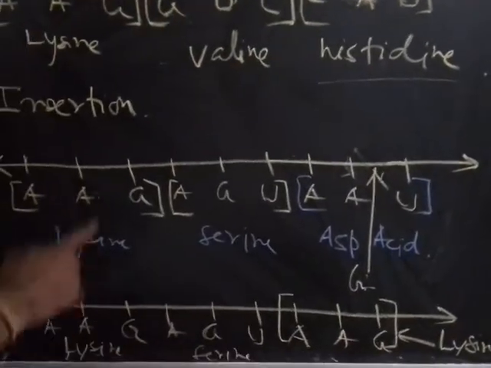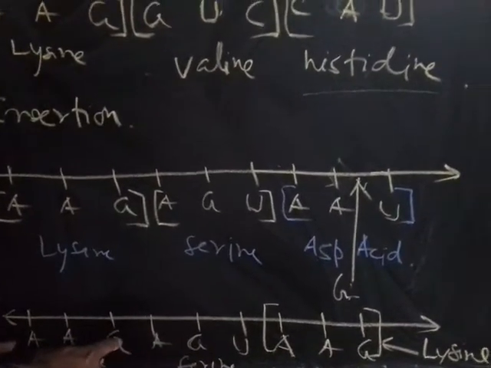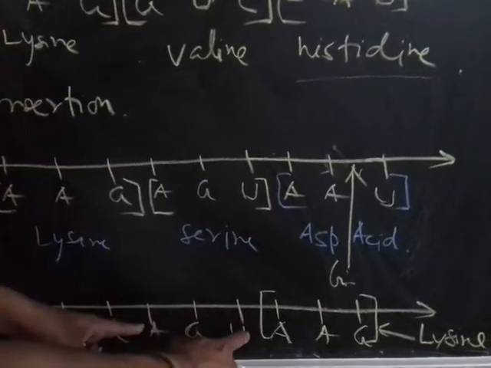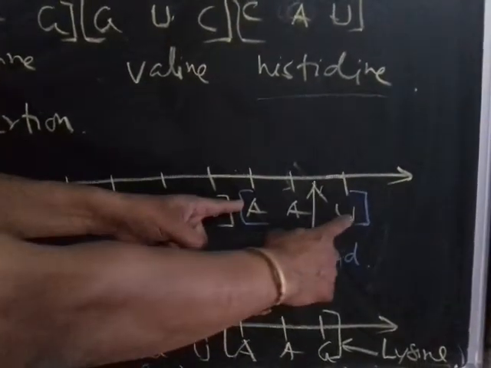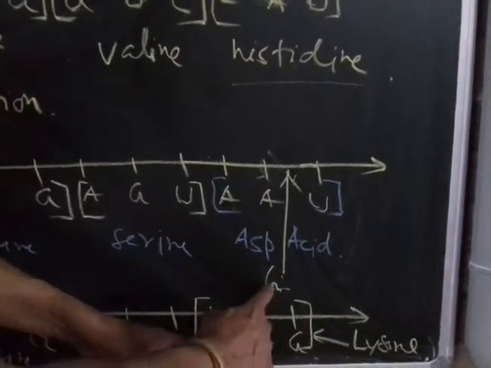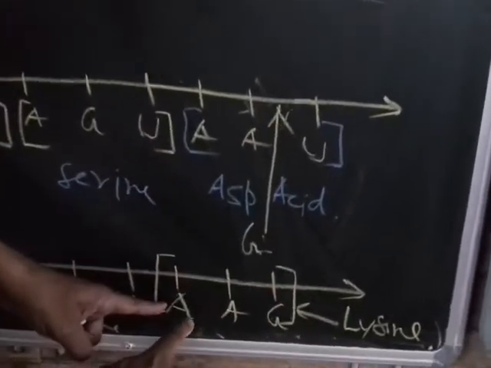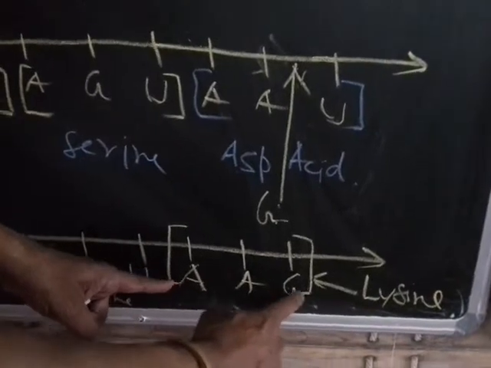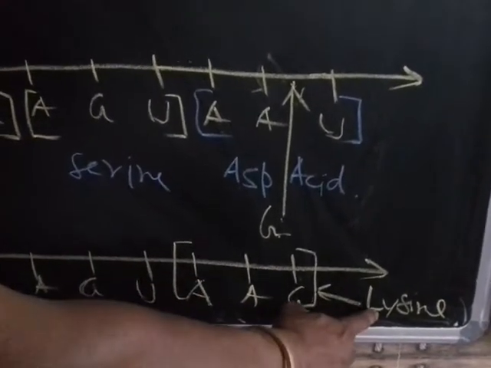So you can see here AAG remains the same as lysine, AGU remains the same as serine. But where it was aspartic acid, AAU, the sequence has changed because of the addition of G at this particular point. So it becomes AAG, which codes again for lysine.